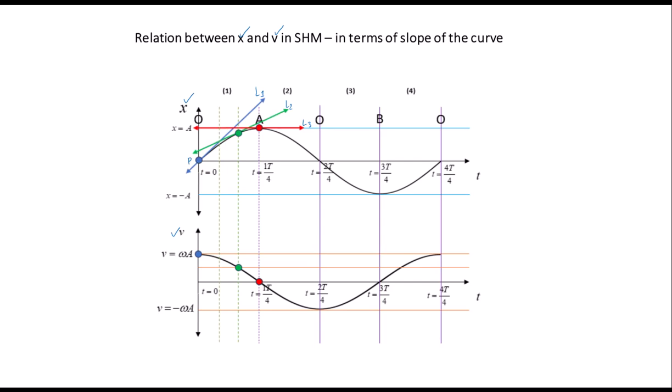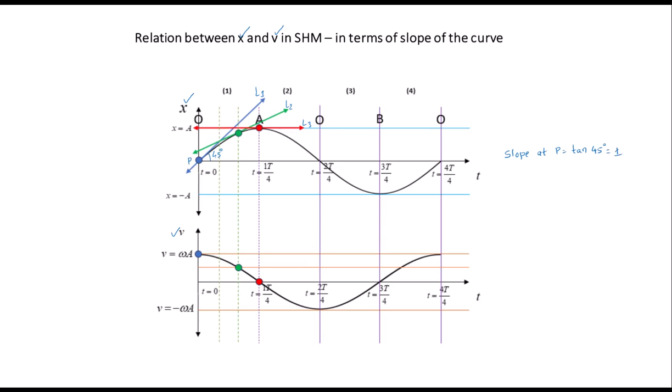At point P, if I draw a tangent, which is given by the line L1, and I see what is the angle it makes with the x direction, I see that the angle will be roughly 45 degrees. If I take tan 45, the slope of the line L1 at the point P will be equal to tan 45, and we know that tan 45 degree is equal to 1.